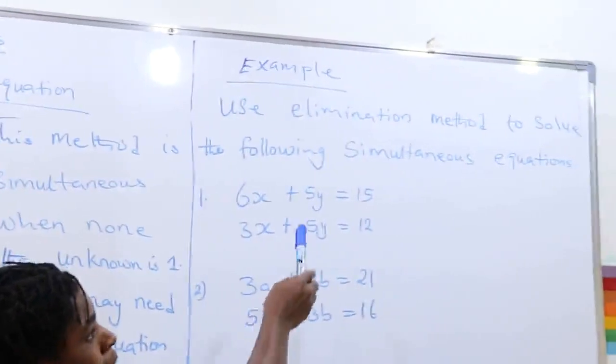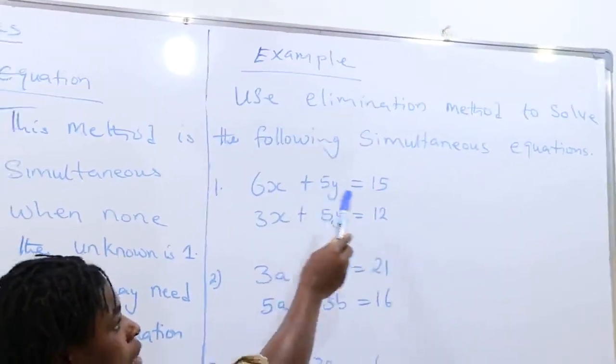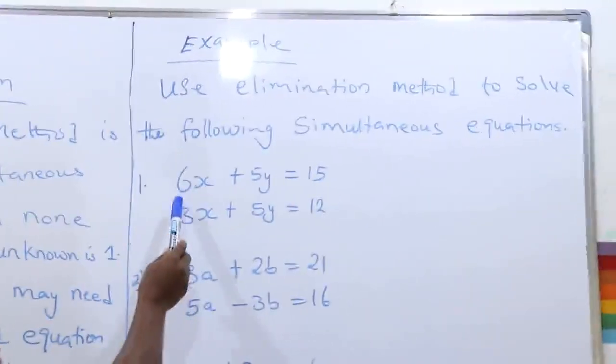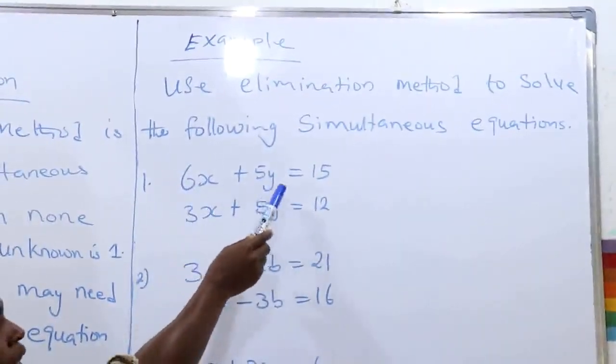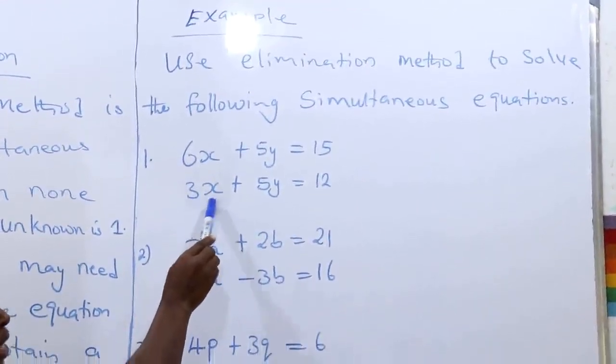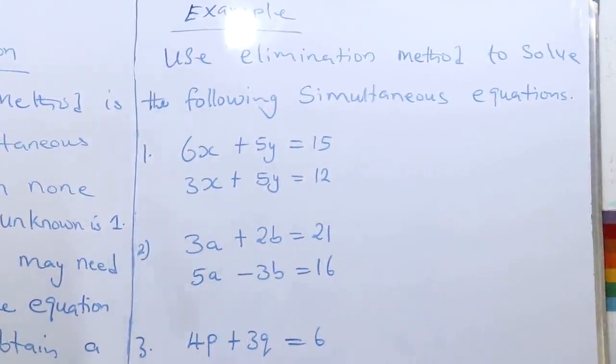Example. Use elimination method to solve the following simultaneous equations. The first one, 6x plus 5y is equals to 15. And the other equation is 3x plus 5y is equals to 12.